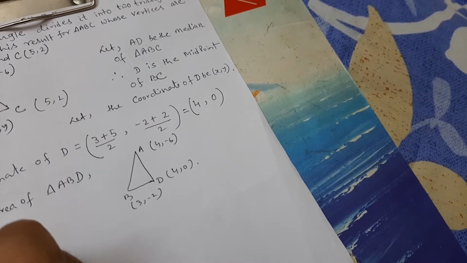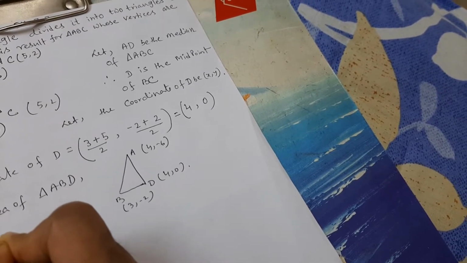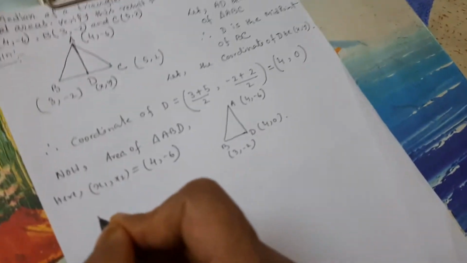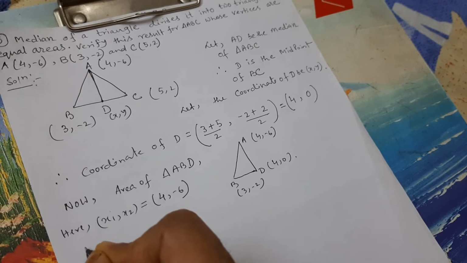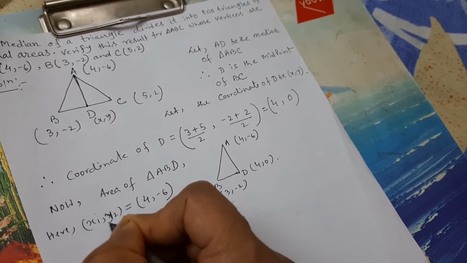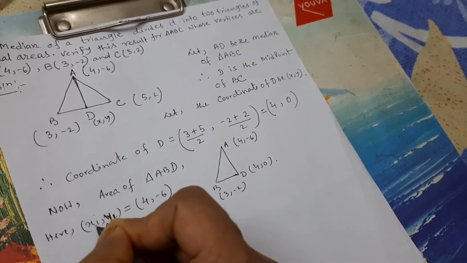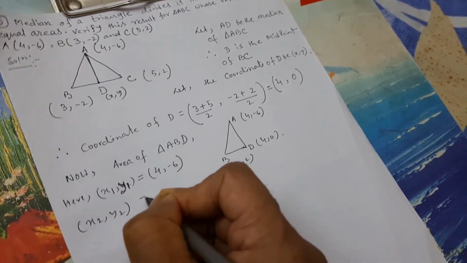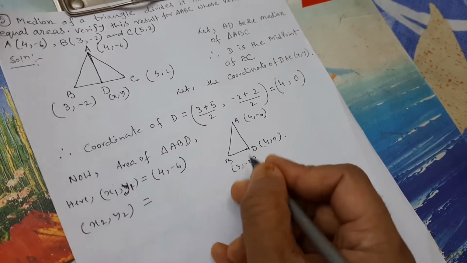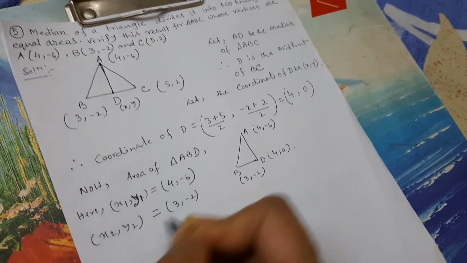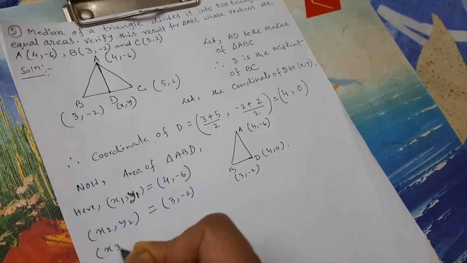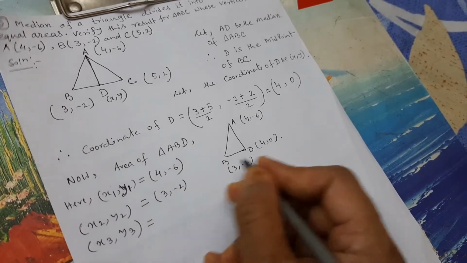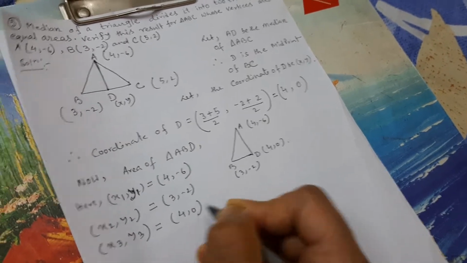So here x1, y1 equal to A point (4, -6), x2, y2 equal to B point (3, -2), and x3, y3 is D point, that is (4, 0).